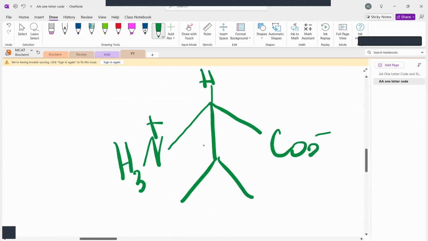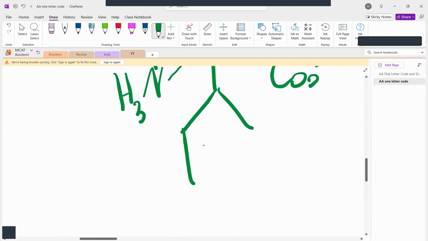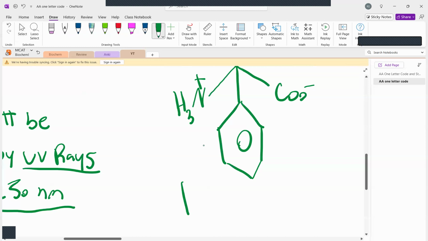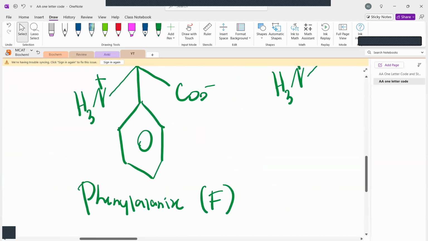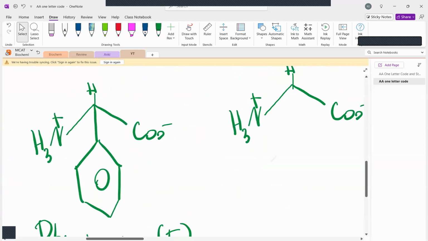Okay. So let's draw phenylalanine. There's that beautiful, beautiful. So phenylalanine, now we're getting into the one letter codes, where it's kind of a little BS. This is an F, like phenyl, like maybe if you have a list for your pH, it sounds like ph a little bit. So that's phenylalanine.